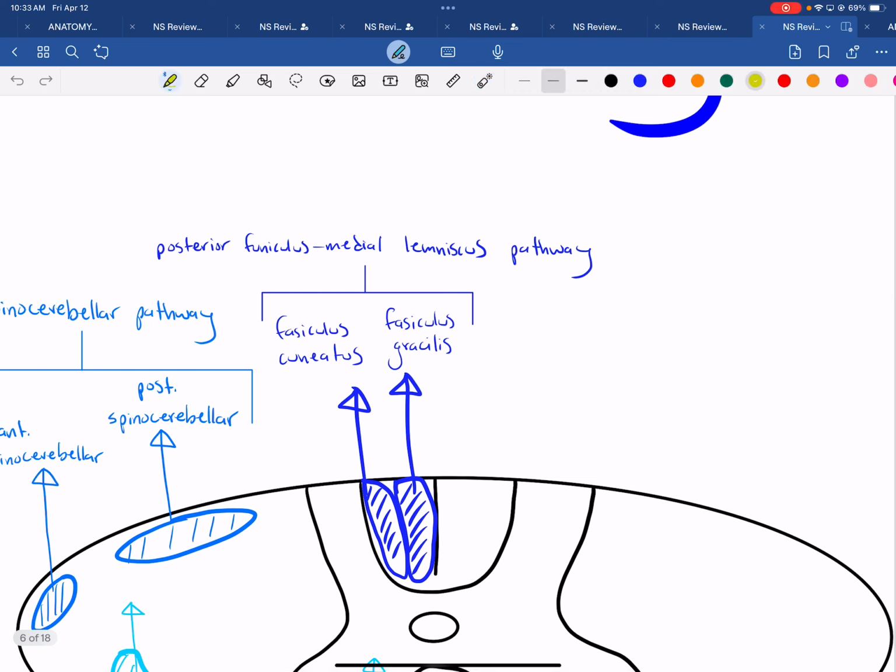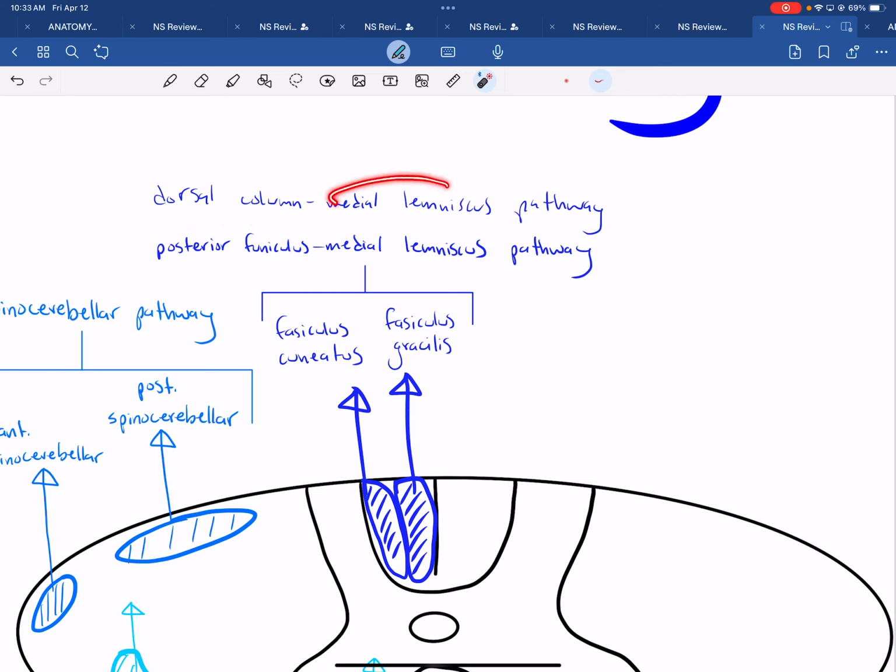That's one name for it. Another name for it is the dorsal column medial lemniscus pathway. So it's describing where it is, the dorsal column or posterior funiculus, and then describing what it does.